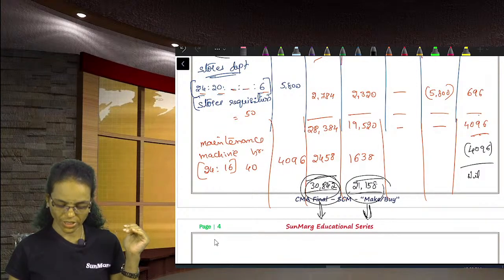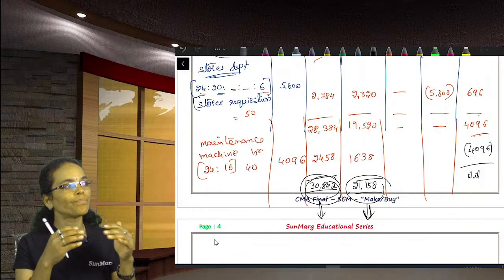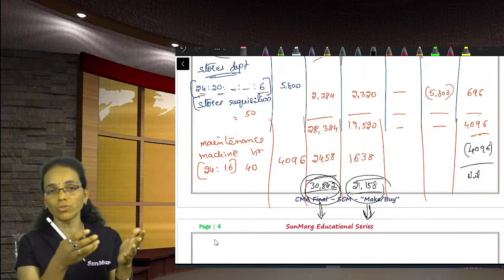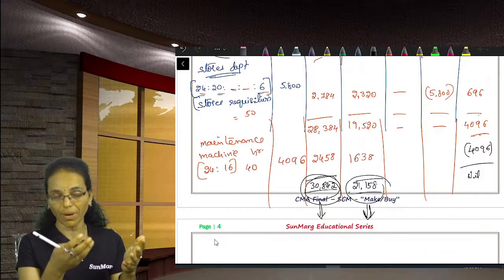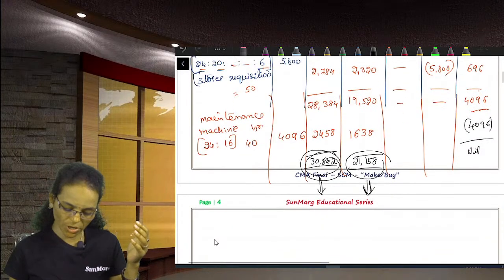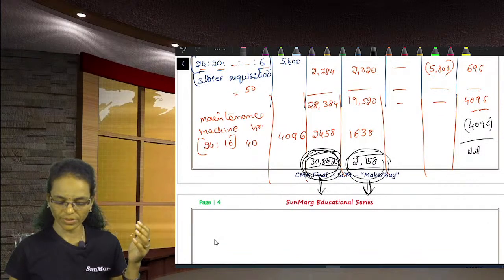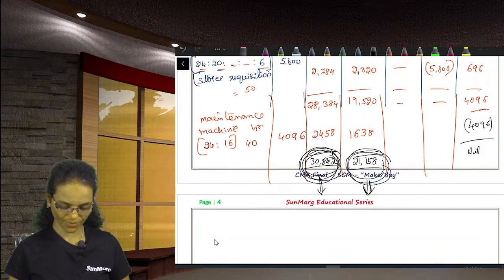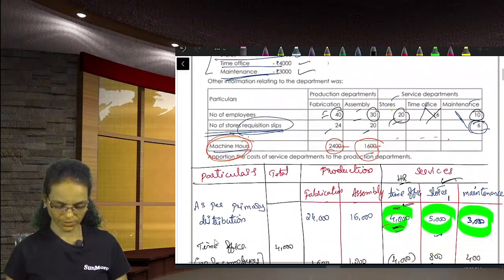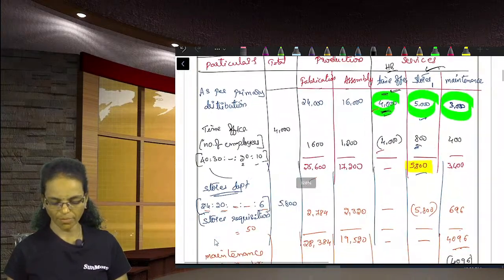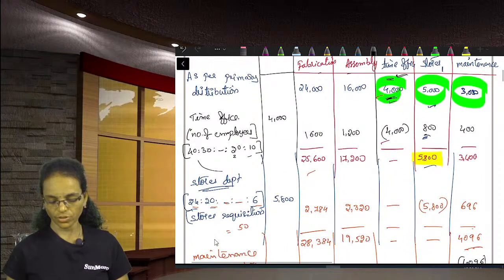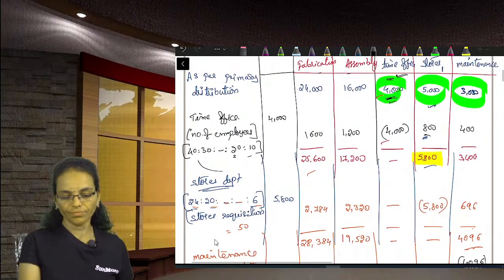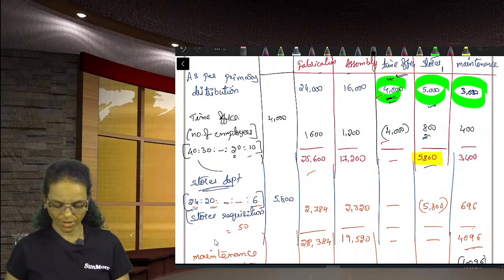Now when the production department is giving invoice to the buyer or customer, based upon this cost they will give the invoice. Okay, just to go through it. This is a secondary distribution. I'll give you 1 minute of time just to go through it.